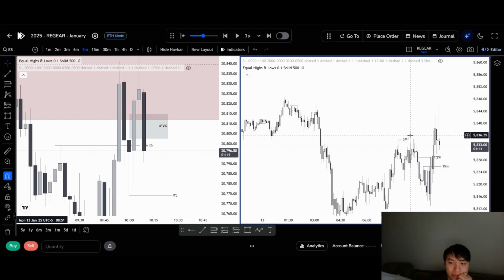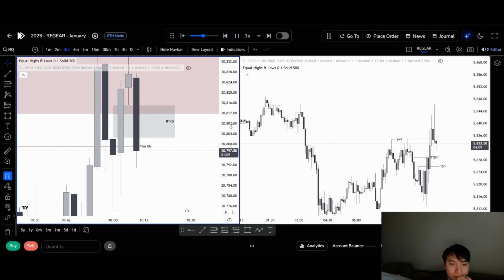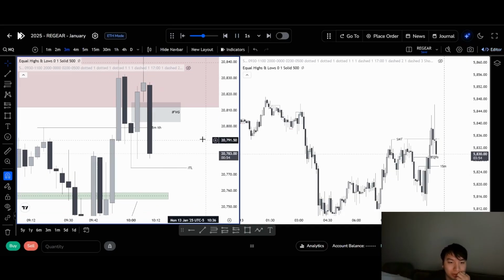Do sweep into here, and then we do sweep out this intermediate high. So realistically, we could manipulate down. Could see that. But we'll have to see what price does.